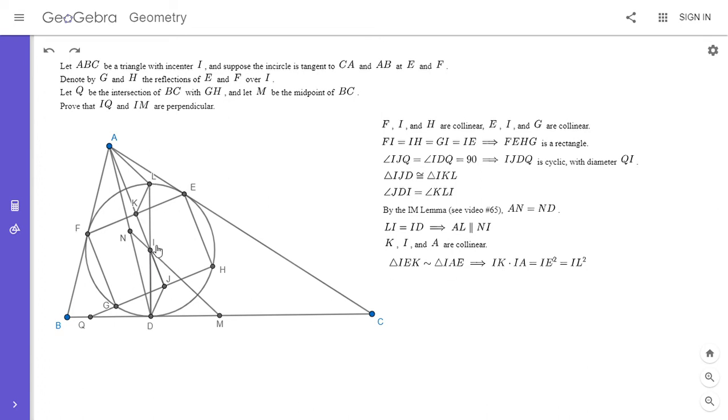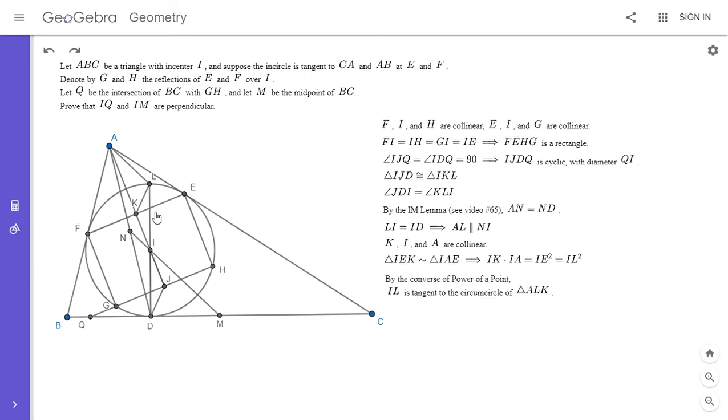And if IK times IA is equal to IL squared, it's not hard to show from that those two triangles are indeed similar. Basically, if IK times IA is equal to IL squared, that means IL has to be tangent to the circumcircle of AKL.